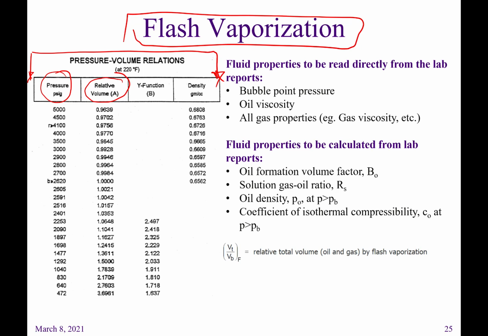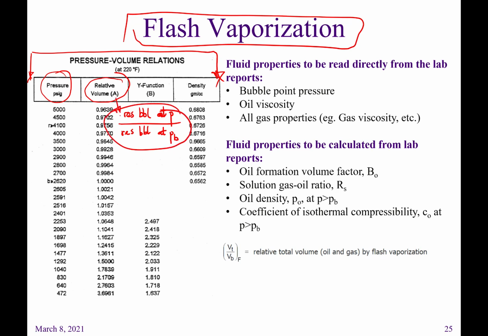So what is relative oil volume? I'm going to spend some more time explaining this, but it's basically volume of oil in reservoir barrels at reservoir pressure divided by the volume of oil in reservoir barrels at bubble point pressure.